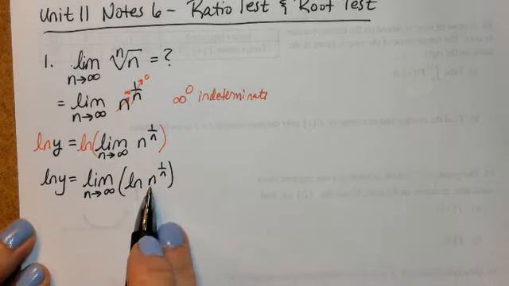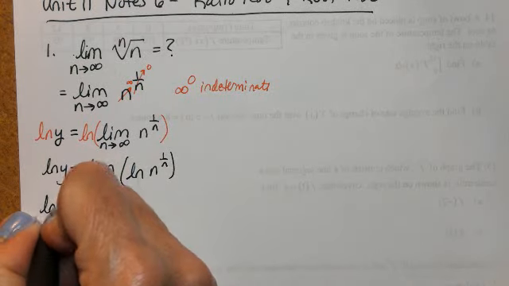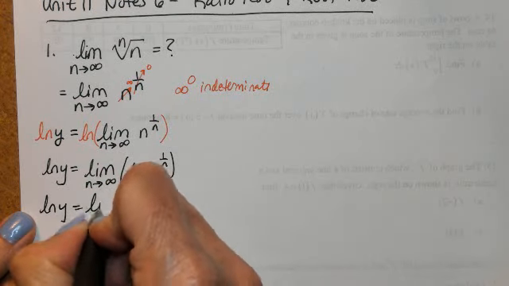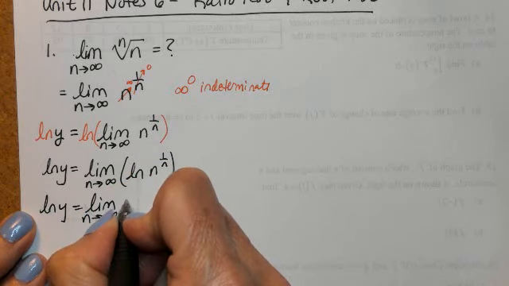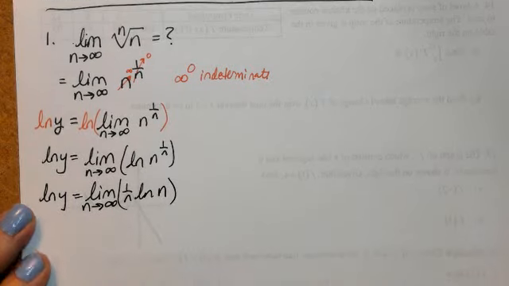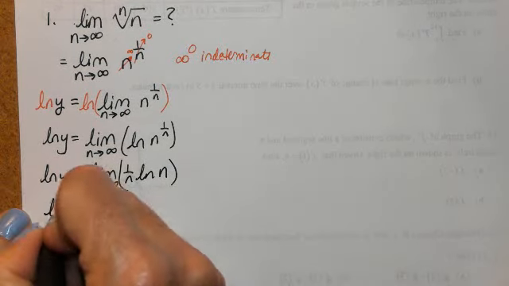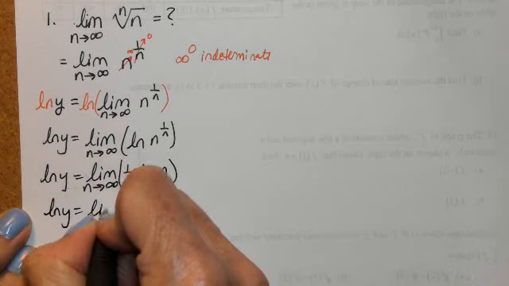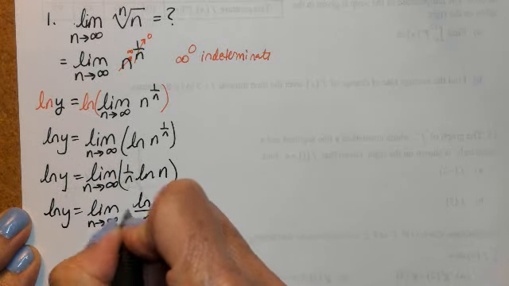And that's a handy form because we can pull down the 1 over n, using our log properties. Now I can write that as natural log of n over n.